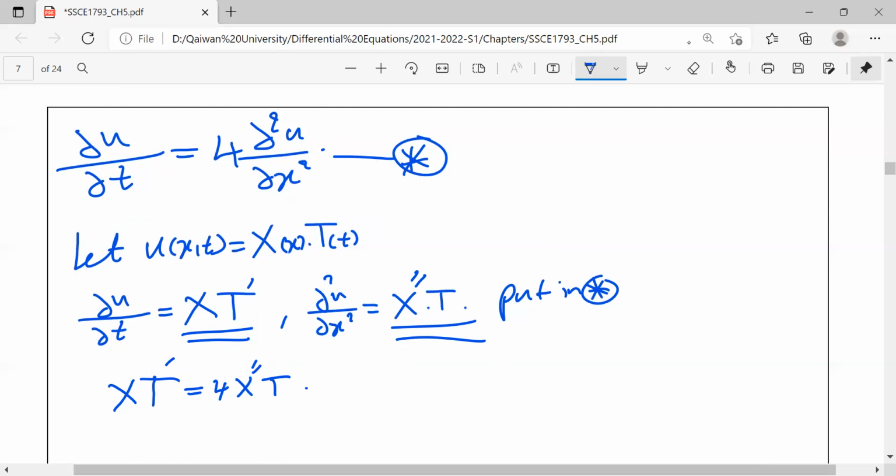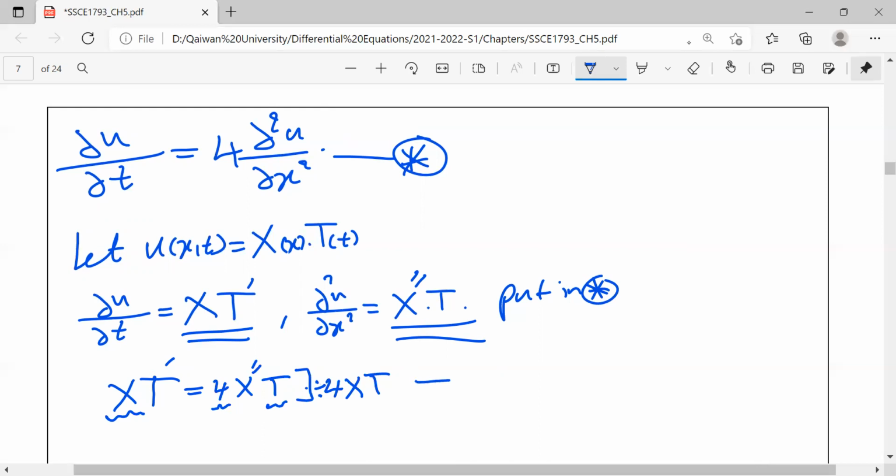How? We divide both sides of the equality by 4xt. Here you have this x here. We need to remove this, and we need to remove this 4 with this t in the right hand side. So we must divide both sides by 4xt.